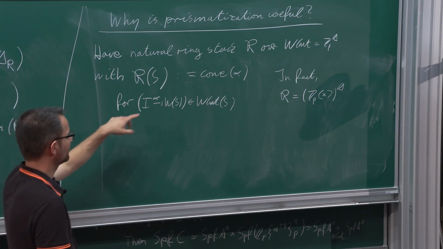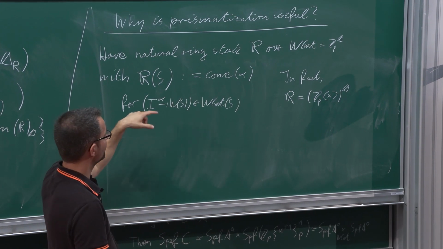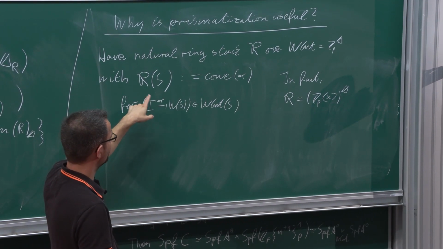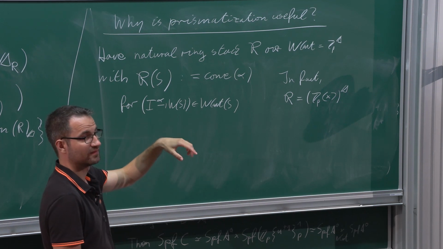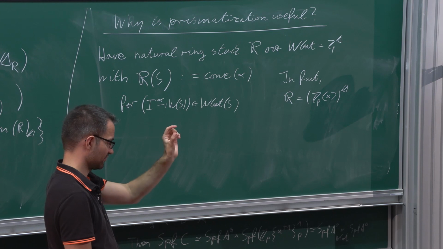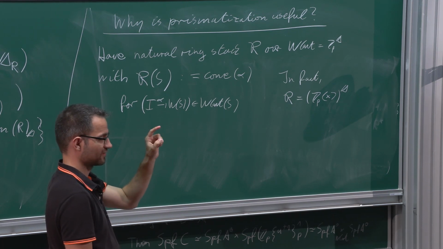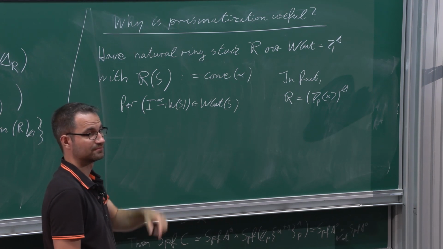Another way to think about this, it's a functor on Nilp with values in animated rings, which have the property that their homotopy is concentrated in degree 0 and 1.